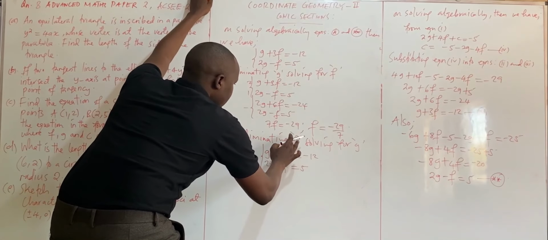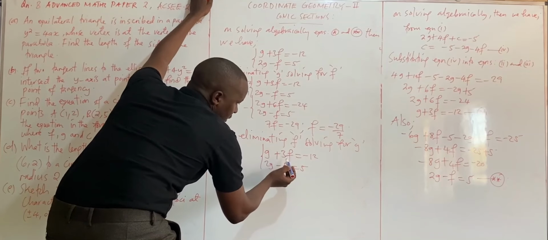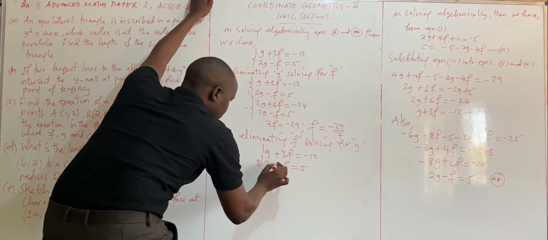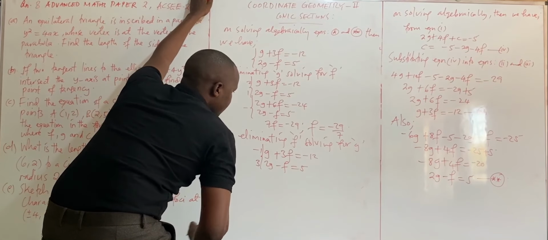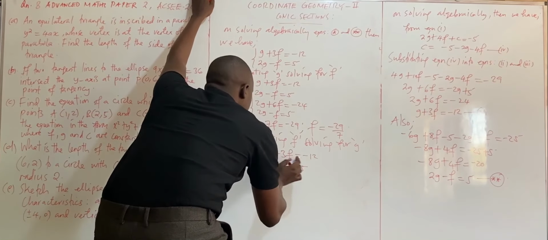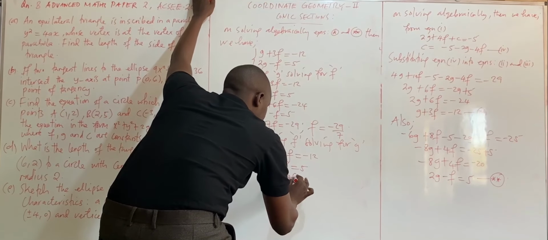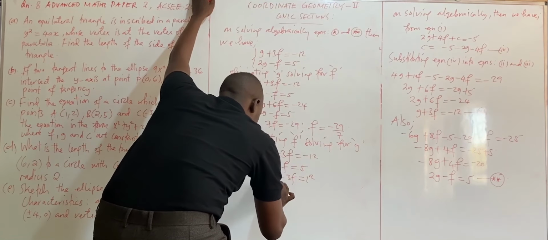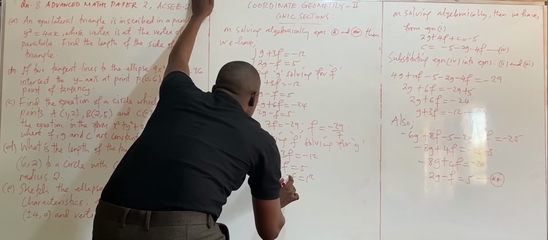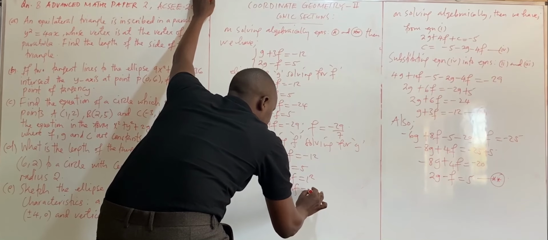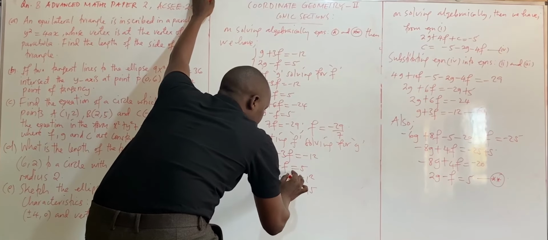Now if we are dealing with F, we take the zigzag assignation of these coefficients. So here we drop it here, and here we drop it there. On multiplying, we get negative G minus 3F equals 12 positive. Then here we get 6G minus 3F equals 15. So we look for F now.